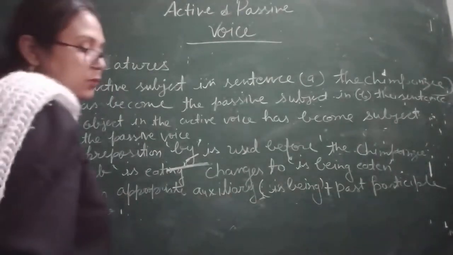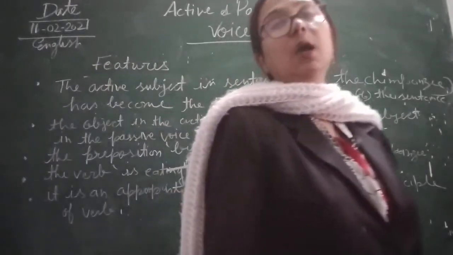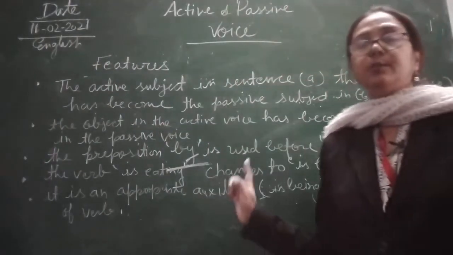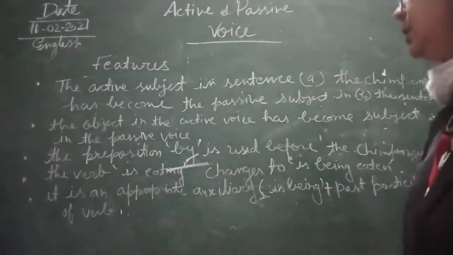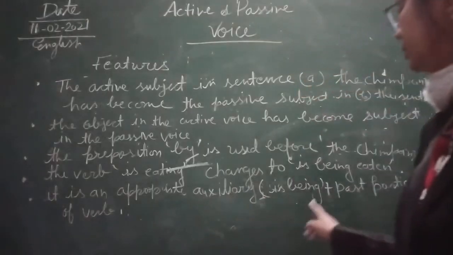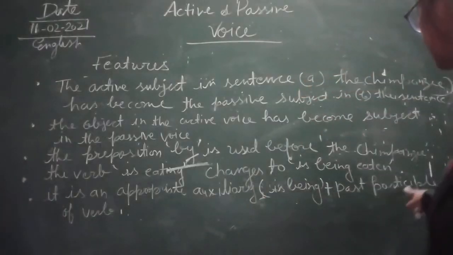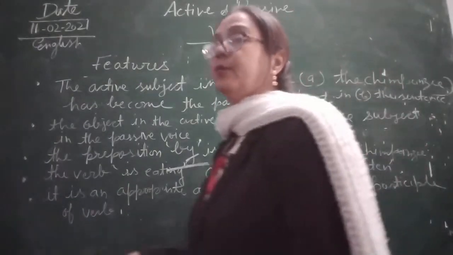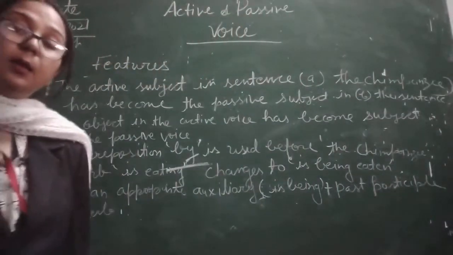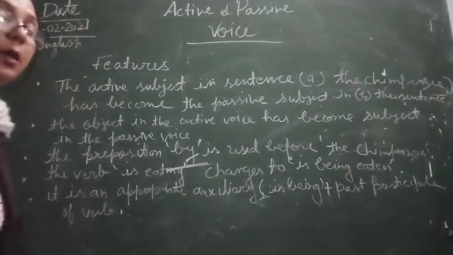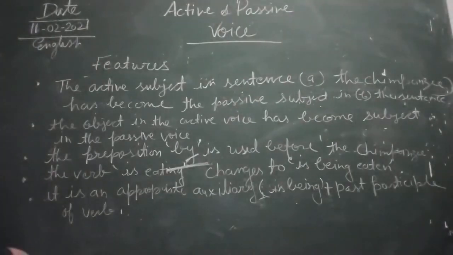Now what we have used? We have used a banana is being eaten by the chimpanzee. Now here it is an appropriate auxiliary is being plus past participle of verb, is being eaten by chimpanzee. Okay.